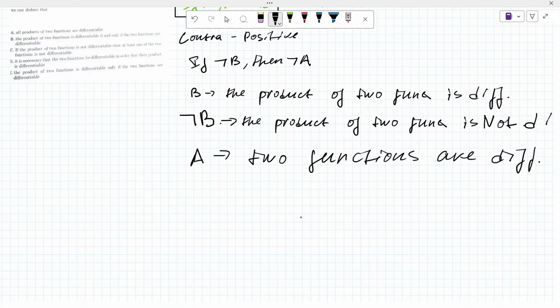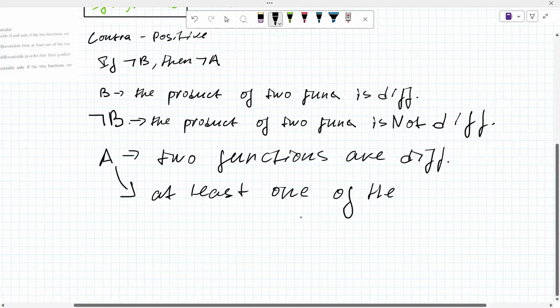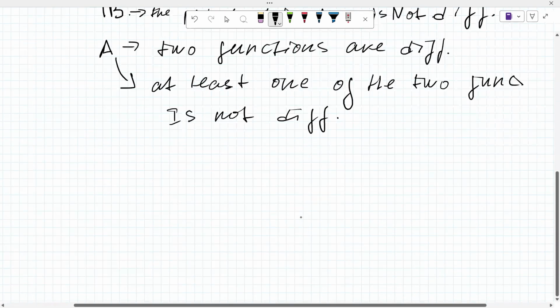Why is this wrong? Because the negation of the sentence is at least one of the two functions is not differentiable.